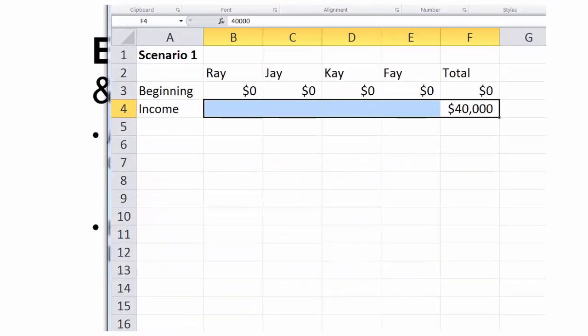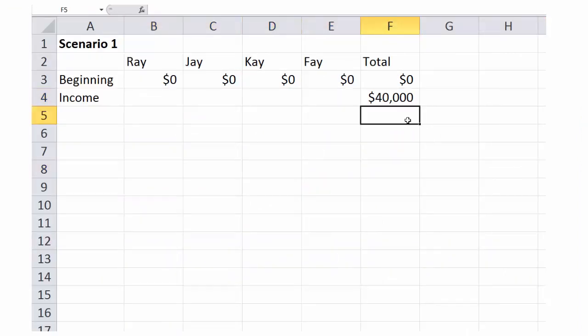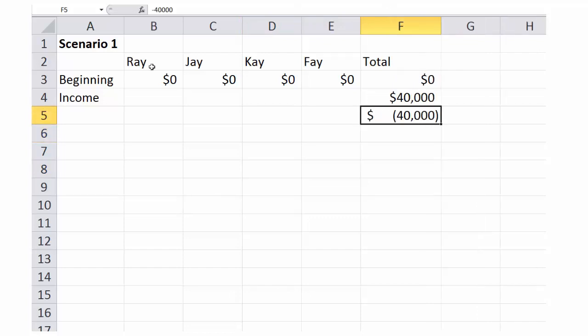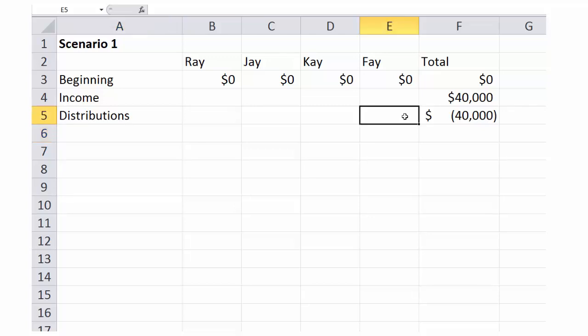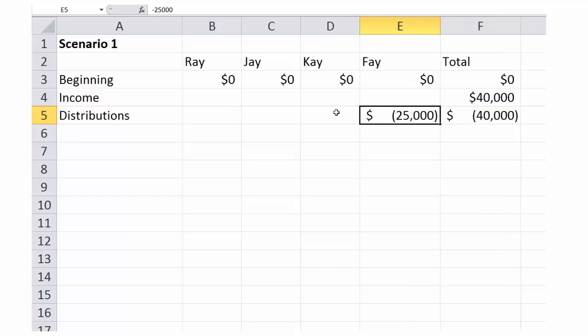So bring my Excel spreadsheet back over here. And so what we're saying is that they distributed the total $40,000 of cash. So when we're all done, there's 0 cash, right? So we're saying those are the distributions. But factually what happened is that Faye took $25,000 of these distributions. And then the other members took $5,000 each.